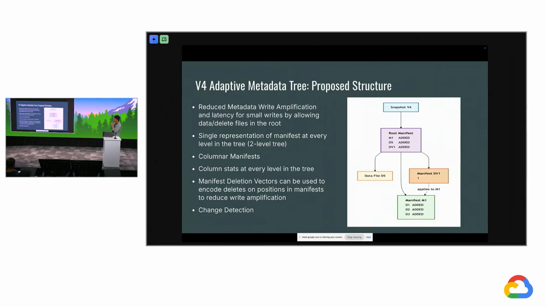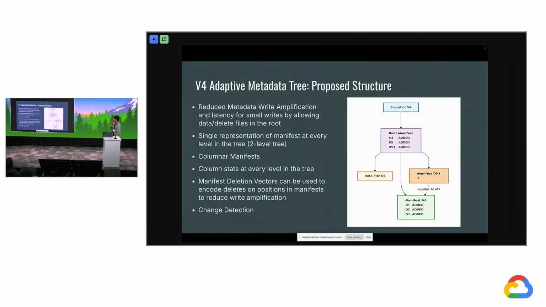We arrive at these improved structures. So we could reduce metadata write amplification and latency for small writes by allowing data and delete files to be directly written to a root manifest. In the proposed structure it's called a root manifest, but it's effectively a logical replacement of what's today called the manifest list.